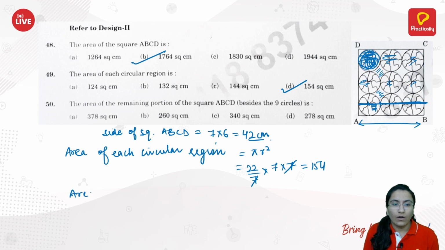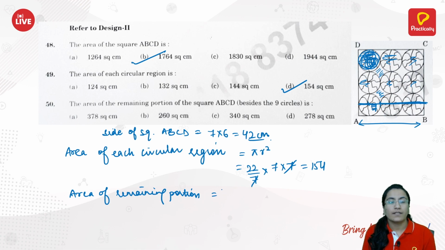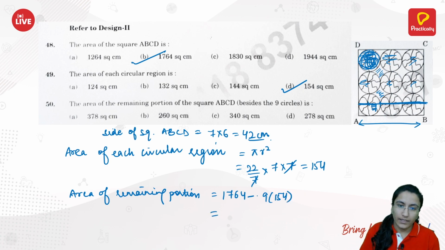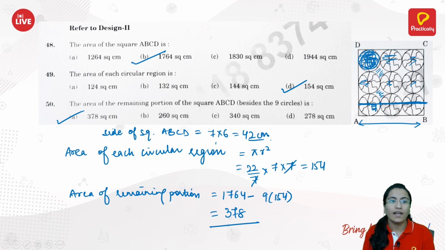So the area of the remaining portion is the area of the square, which is 1764, minus 9 times the area of each circular region, which we have already found, 9 into 154. When you do the calculation, 378 square centimeter gives you the correct answer for the 50th question.